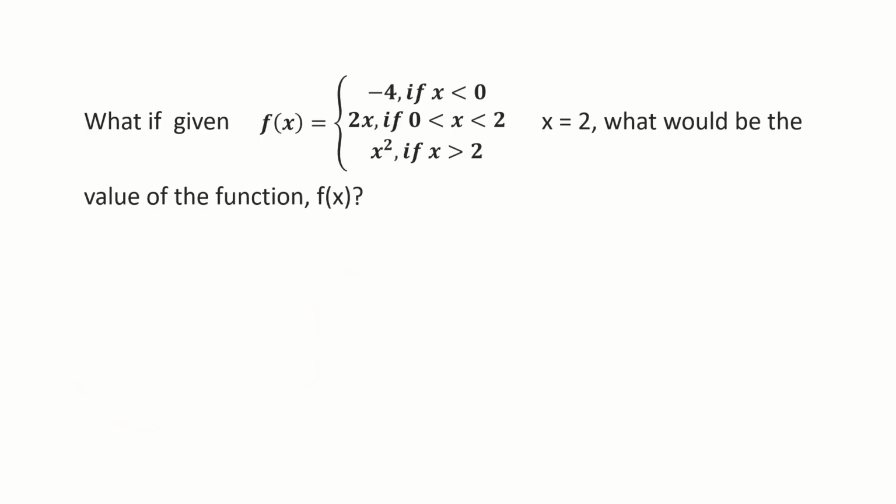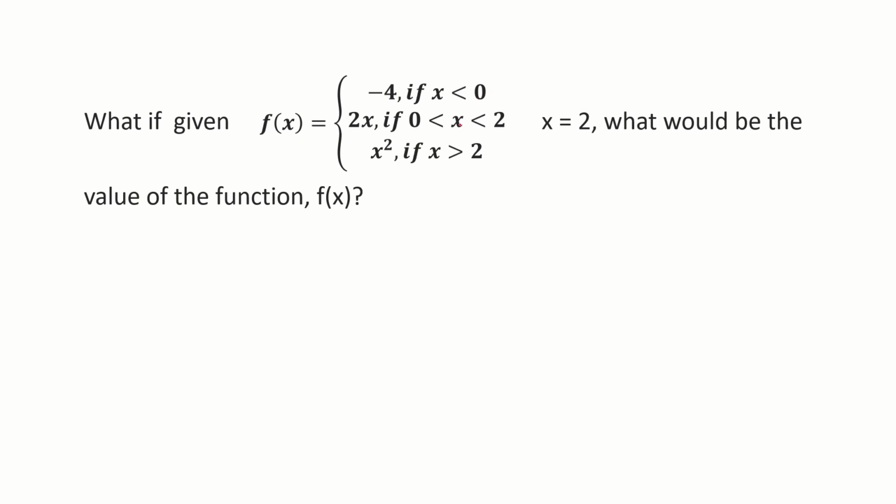So now, what if in our given function, the given value of x is equal to 2? So what would be the value of the function f of x? If we look at the conditions, for our first subfunction, the values of x are values that are less than 0.